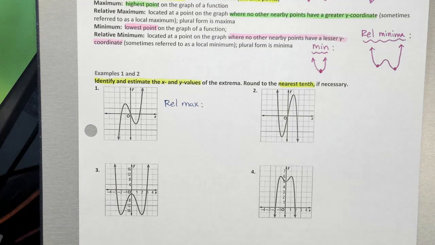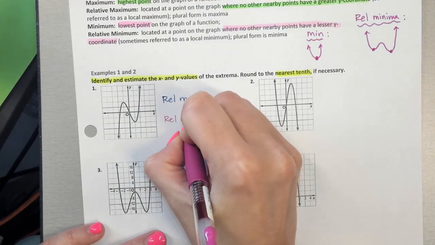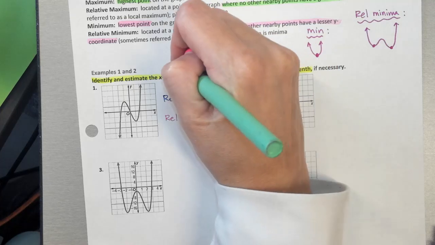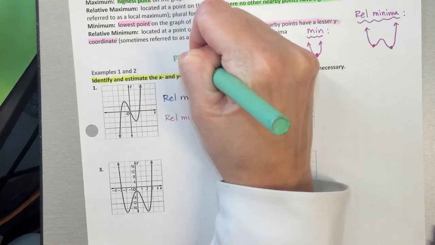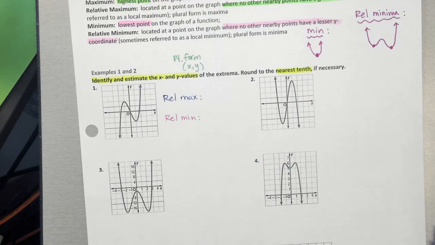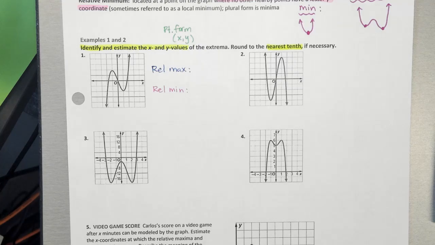So we're going to find the relative max and we're going to do the relative min. Okay, and we are going to write each of these as a point. So this is going to be in point form, which means it'll be x, y. Okay, so I want you to take a second, try 1 and 2. If you do those really quickly, you can go ahead and try the other ones. So you're listing those as a point.